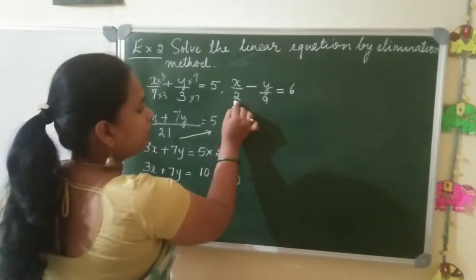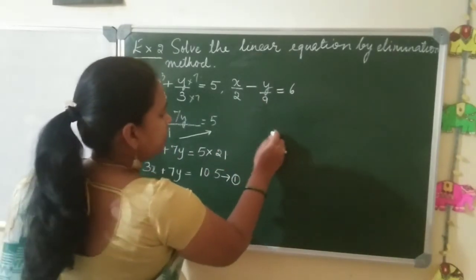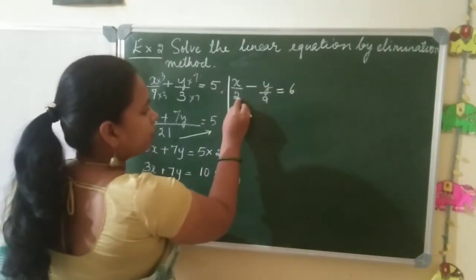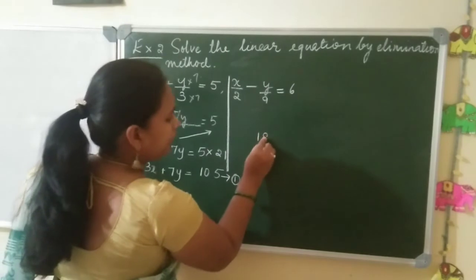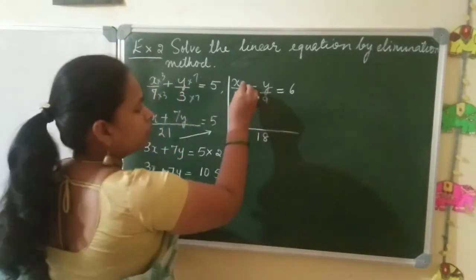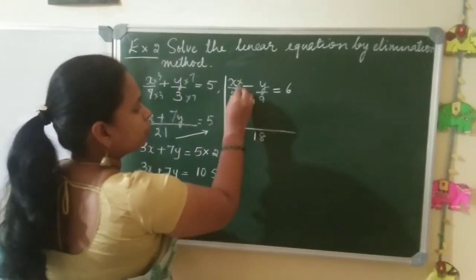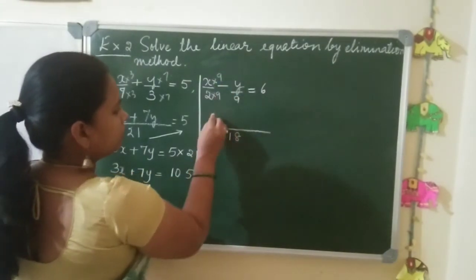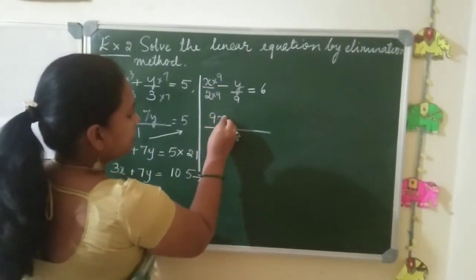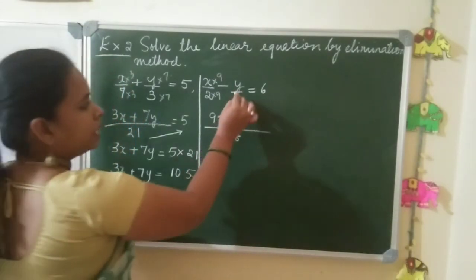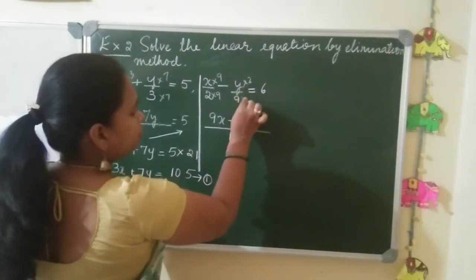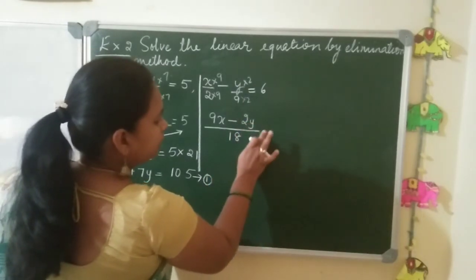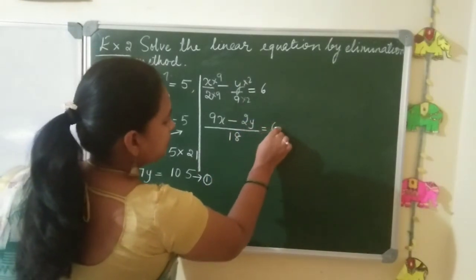Here for 9 and 2 the LCM is, I'll just draw a line so that you can differentiate, 18. So now you need to multiply both numerator and denominator by 9. So it will be 9x minus, here 9 should be multiplied with 2, both for the numerator and denominator, which you have already learned in your primary classes.